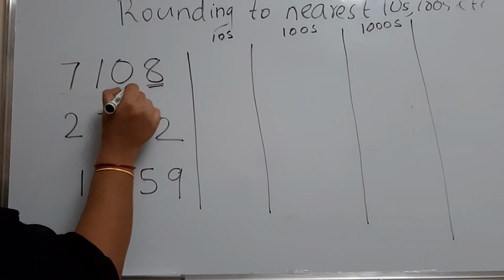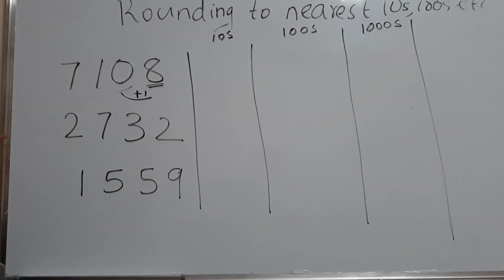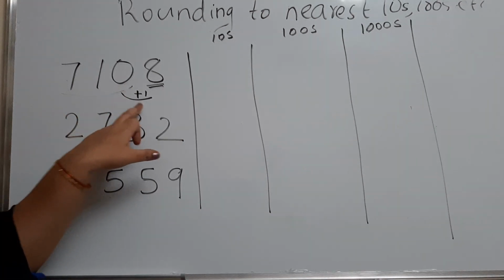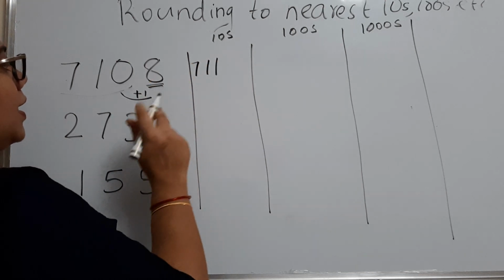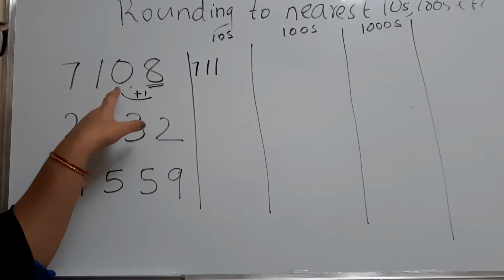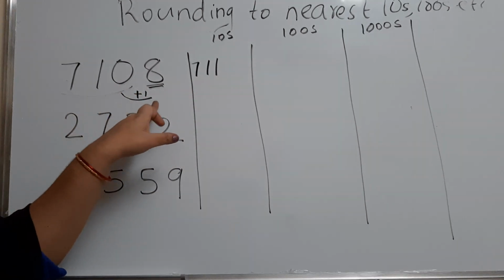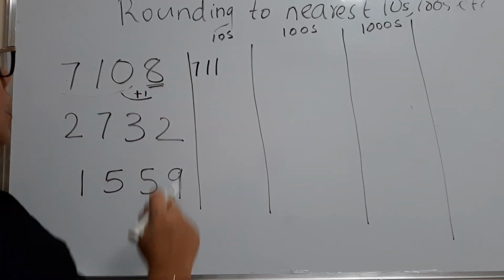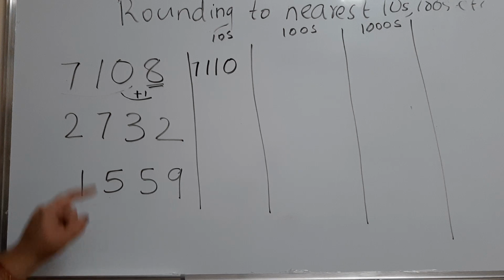So 710 plus 1 is 711. Then the ones place remains 0.